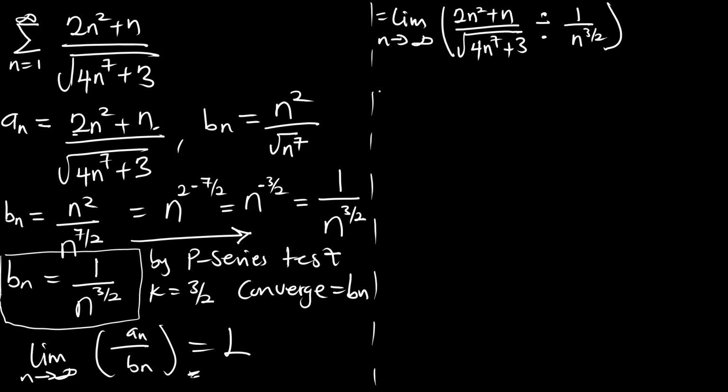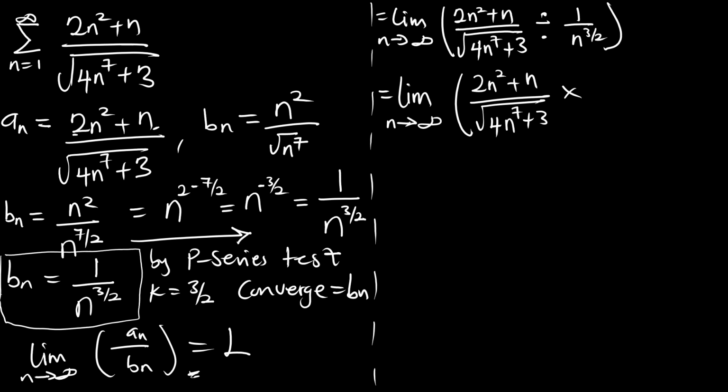So this is the same as we are going to say limit n approaches infinity, 2n squared plus n, the square root of 4n to the power 7 plus 3. This changes to times n 3 on 2 over 1. So now we can multiply this through, right? Multiplication.